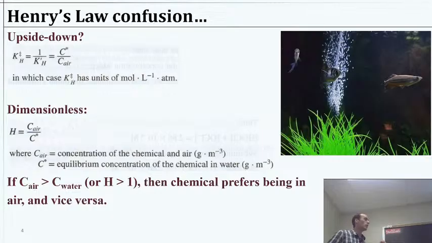So you could do grams per cubic meter of CO2 in the atmosphere versus grams per cubic meter of CO2 in the water, right? And then that turns out to be a unitless constant. And in that case, you would know if that number is greater than 1, then the chemical prefers to be more so in the numerator, right? It's over 1. So if you go all the way there to the unitless, maybe that's a little more convenient to compare to the 1.